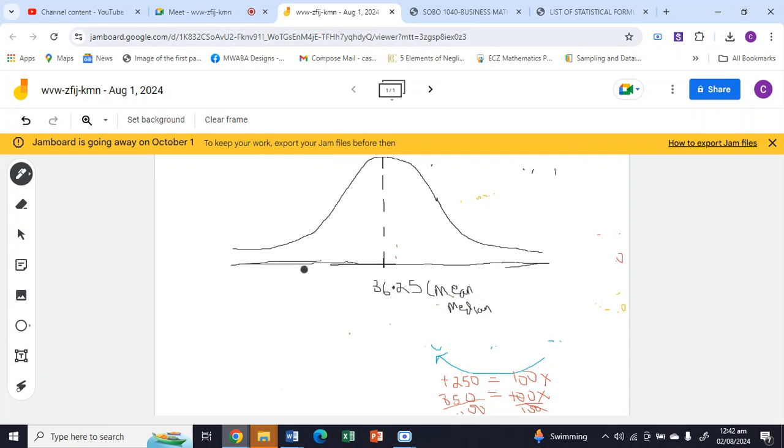Okay. Then the standard deviation was 10.6. So 36.25 minus 10.6, what value do you get?